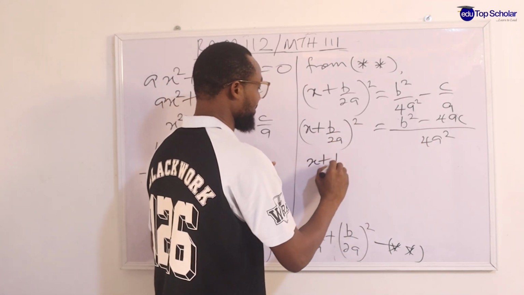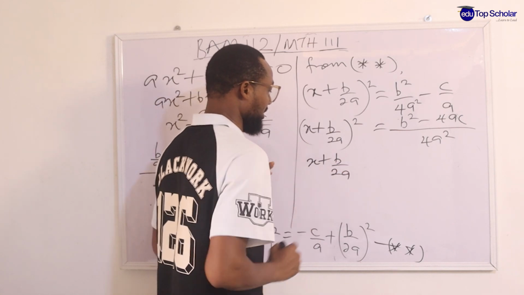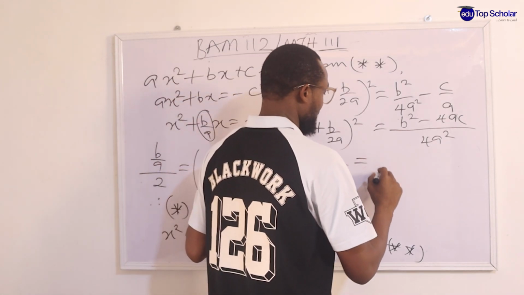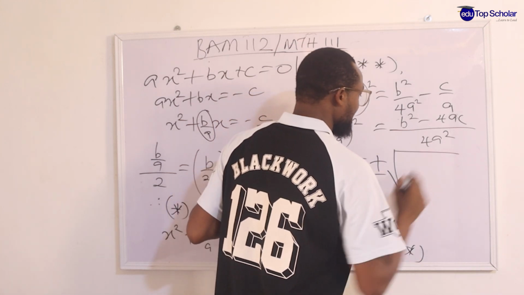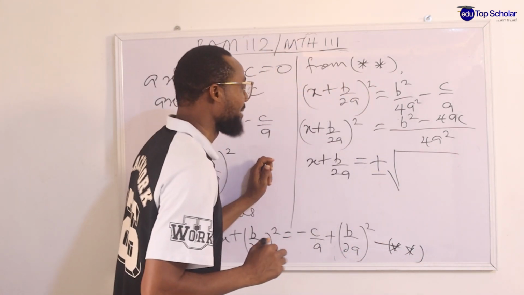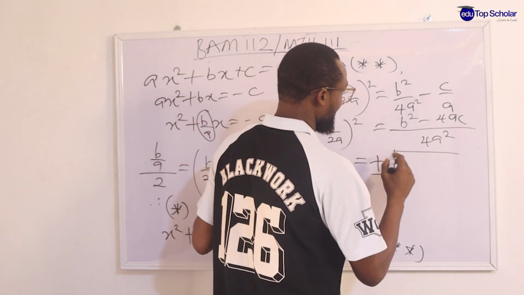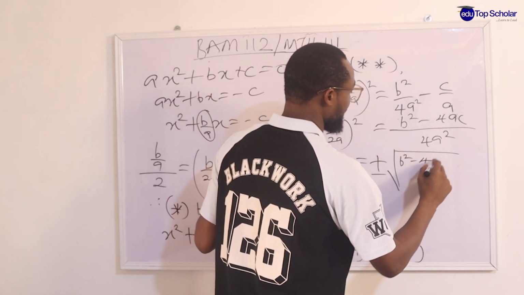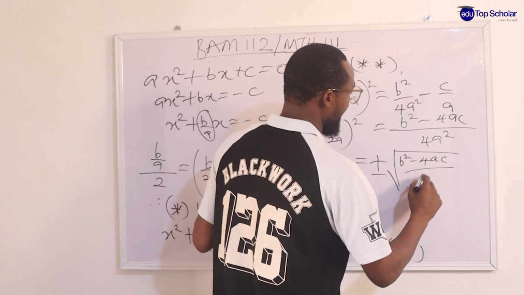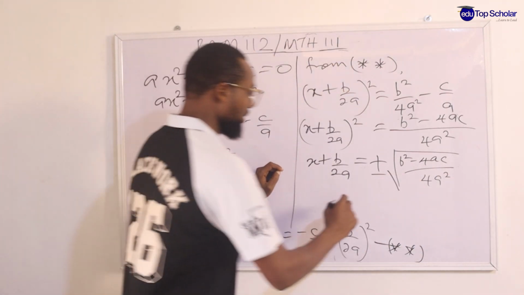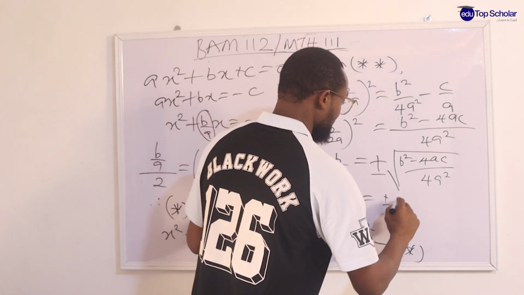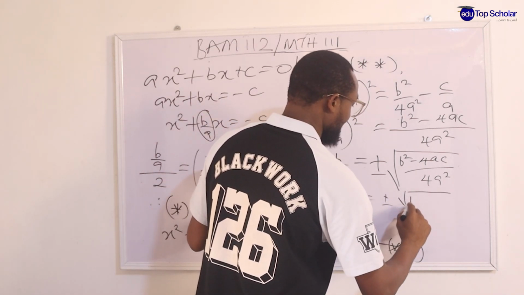So I have x plus b over 2a now equals to, we are using a square root. We always include the plus or minus sign. Why? Because we are getting two values. B squared minus 4ac over 4a squared. And this will give us plus or minus roots from our surds class.